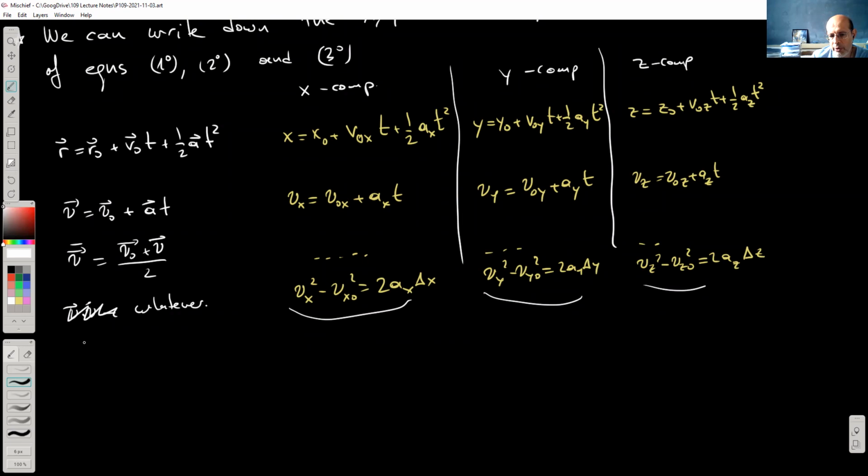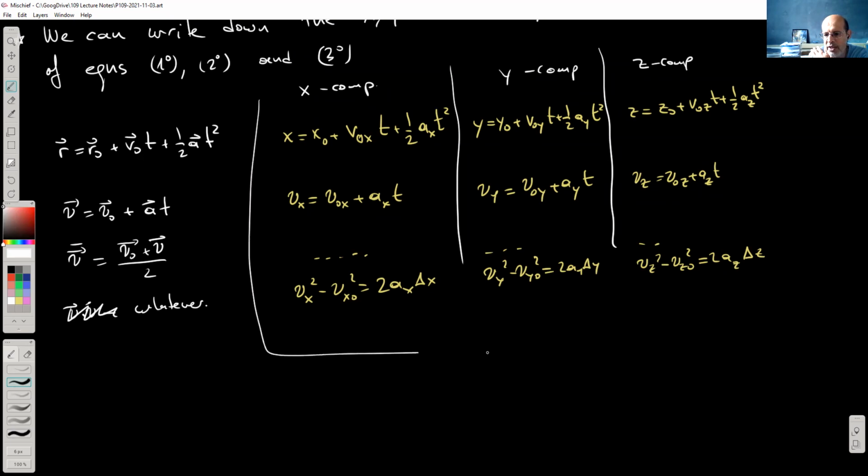But if I write them in terms of the dot product, it's basically the sum of these 3 equations, right? There's this kind of a complication in there. So in any case, for most of the typical problems that we meet, like the projectile motion and things like that, we usually use these equations, the component forms. So as a result, we probably should concentrate on that part only, right?